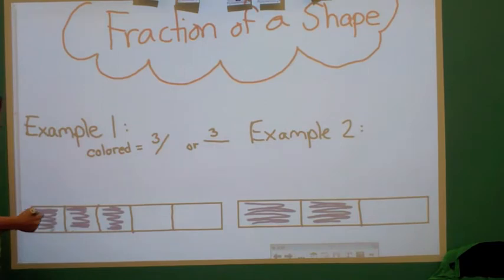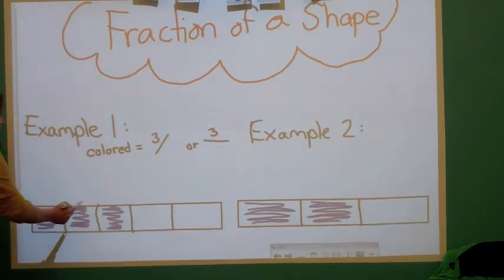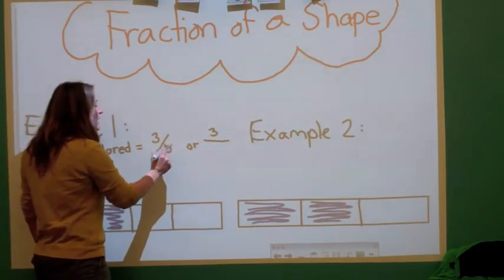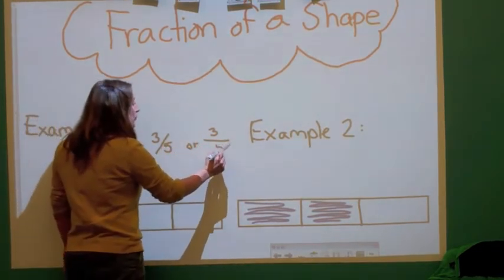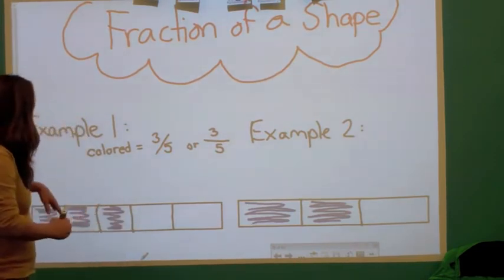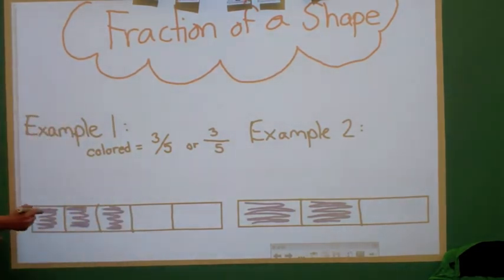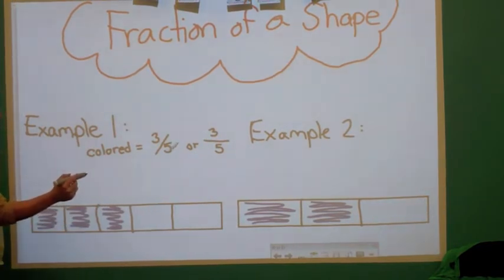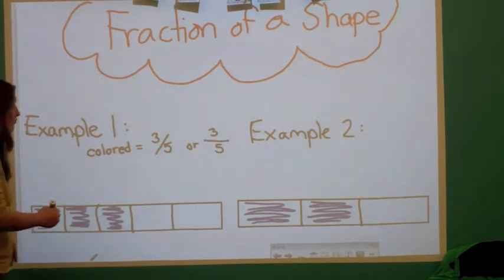So in this case, the whole thing was broken up into 1, 2, 3, 4, 5 pieces. So I'm going to write that number down below in my denominator. So we've figured out that this whole shape was broken up into 5 pieces, and 3 of those pieces are colored.